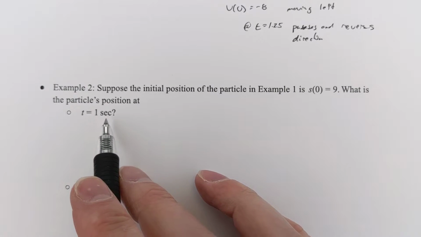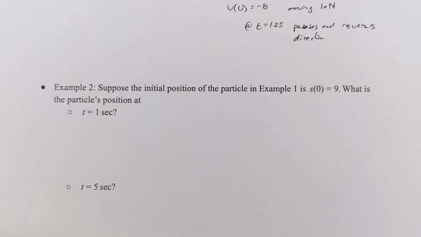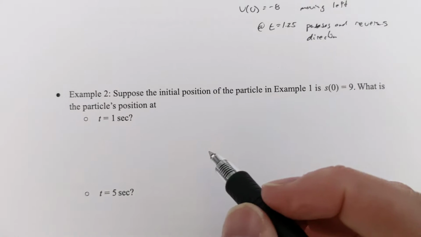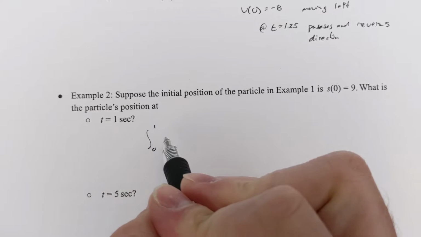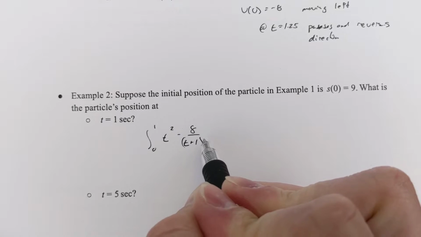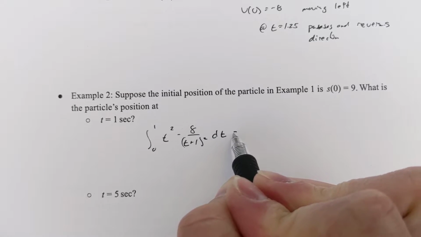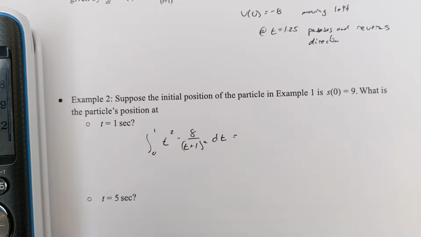9. What's the particle's position at t equals 1? At t equals 5? So what we can do is take the antiderivative, because the antiderivative of velocity is position. So from 0 to 1, (t squared minus 8) over (t plus 1) squared dt. So menu, and we'll see my calculator handle this.